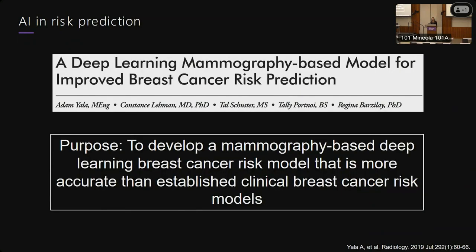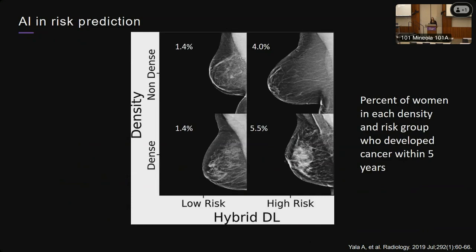So this is a really interesting manuscript from MGH and MIT, and they basically developed a deep learning model to determine breast cancer risk over 5 years. So they went back to 5 years before, looked at all those mammograms, and then predicted risk. And they were able to put patients into low-risk groups and high-risk groups that were independent of their density, but were still 100% based on their mammogram.